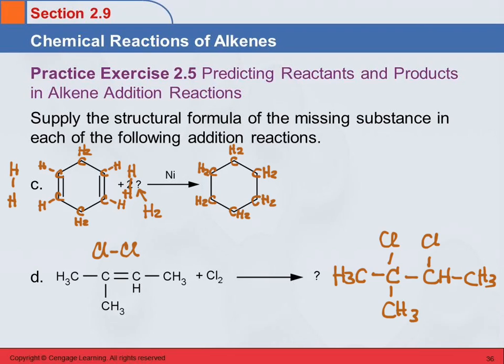So an addition reaction, you've got something that's adding across the double bond, or we'll see later, we can also add across the triple bond. The description tells us what's being added. Hydration, we're adding water. Halogenation, we're adding a halogen. Hydrohalogenation, we're adding a hydrogen halide. One part of it goes on one side of the double bond, one goes on the other.